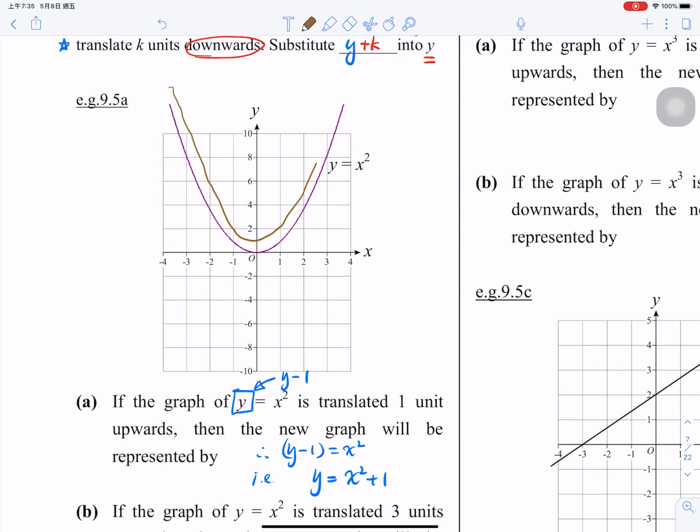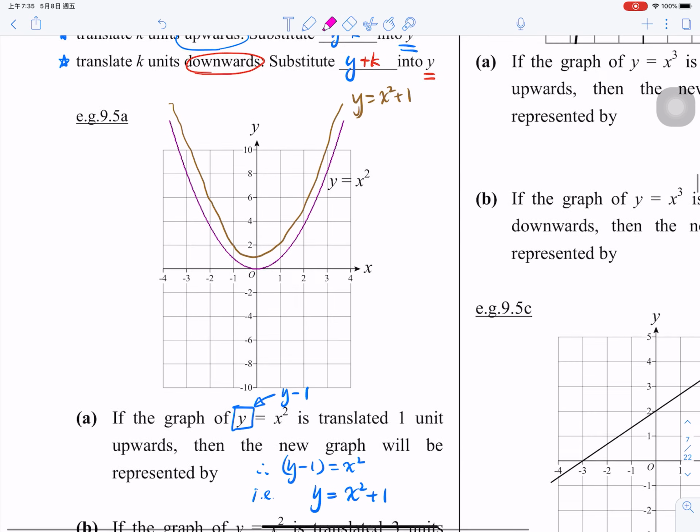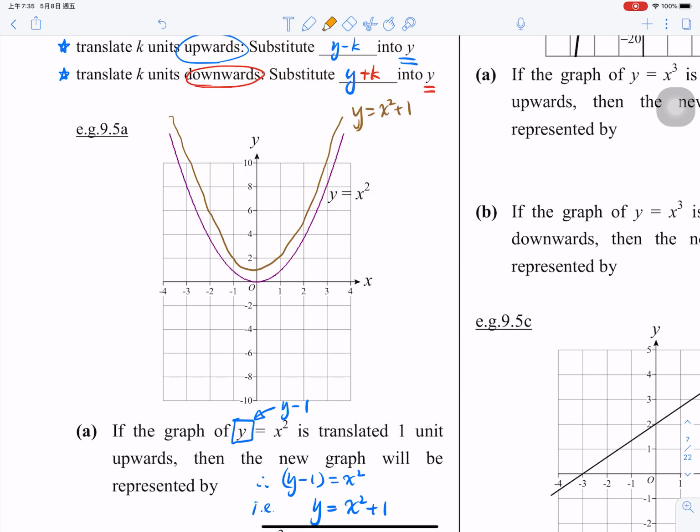Right, y equals x squared plus 1, this one, right? So here means y minus k substituted into y. Here 1 unit, so y minus 1 substituted into y. That means like this.